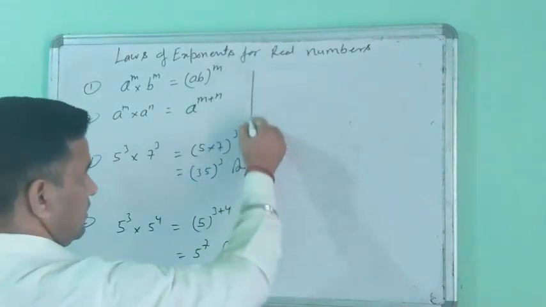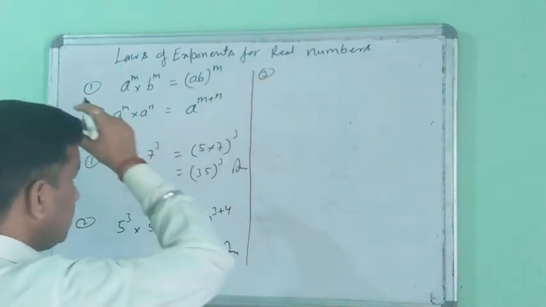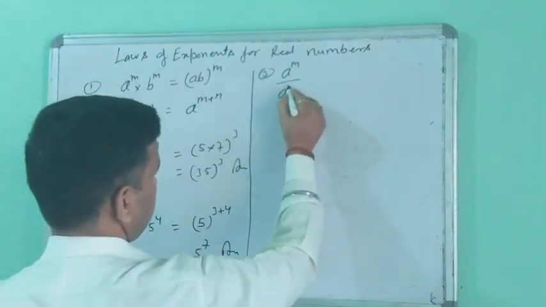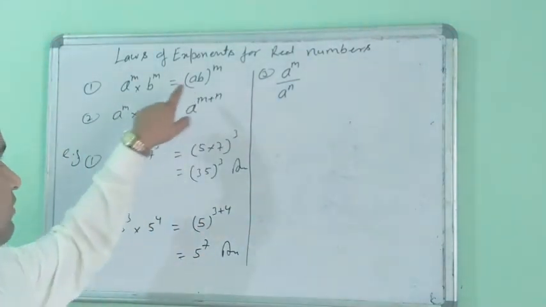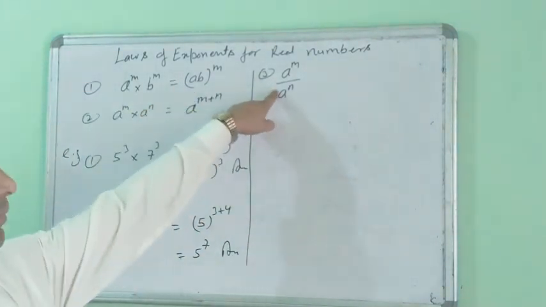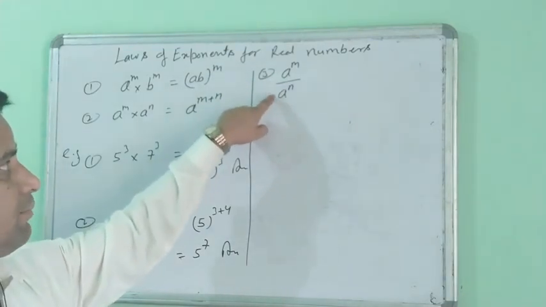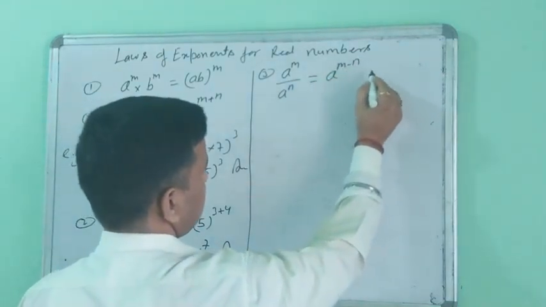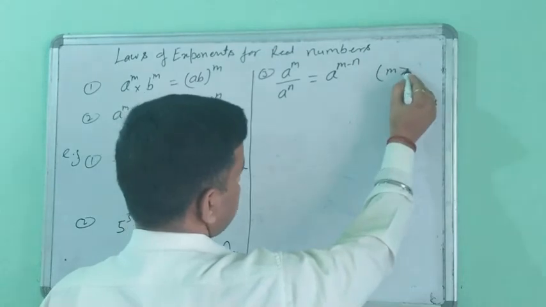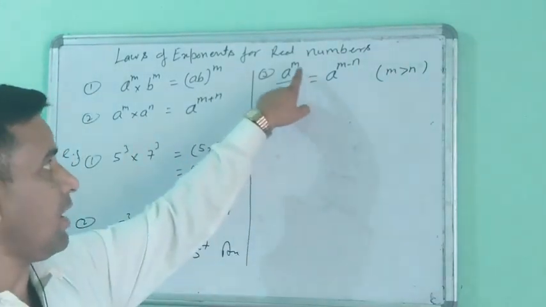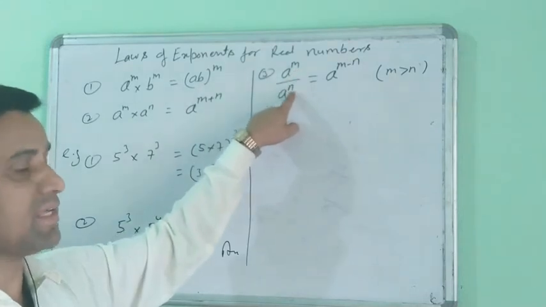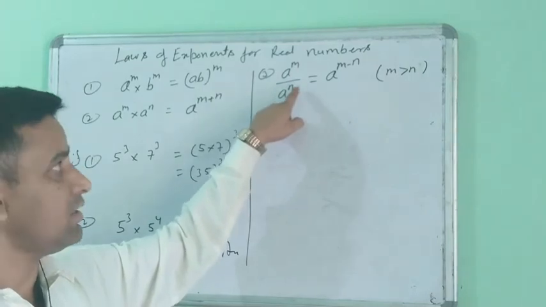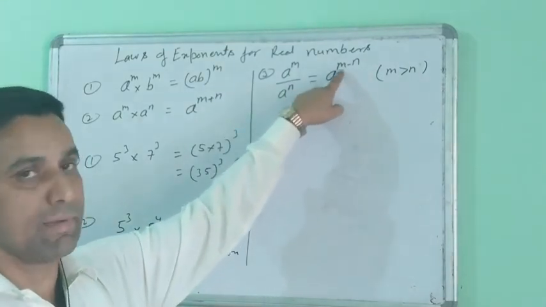Next, third rule here. When a exponent m upon a exponent n is in division form, when the base is the same but the exponents are different, then the result is a exponent m minus n. You will write this when m is greater than n. If exponent m is greater than exponent n, then you write in this form a exponent m minus n.